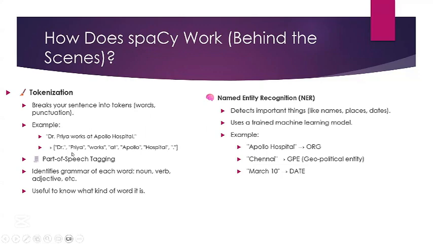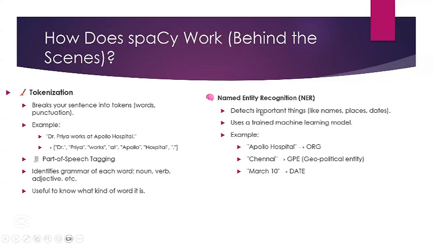After tokenizing, the library has some dictionaries or some models, we can call them models. That model can identify by reading each sentence or each word, and the model can categorize each word whether it is a location or whether it's a name, or likewise. It can simply identify.